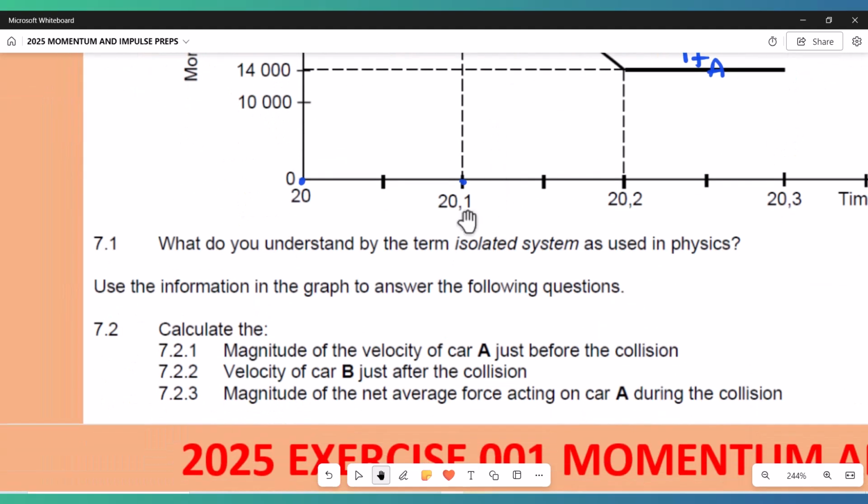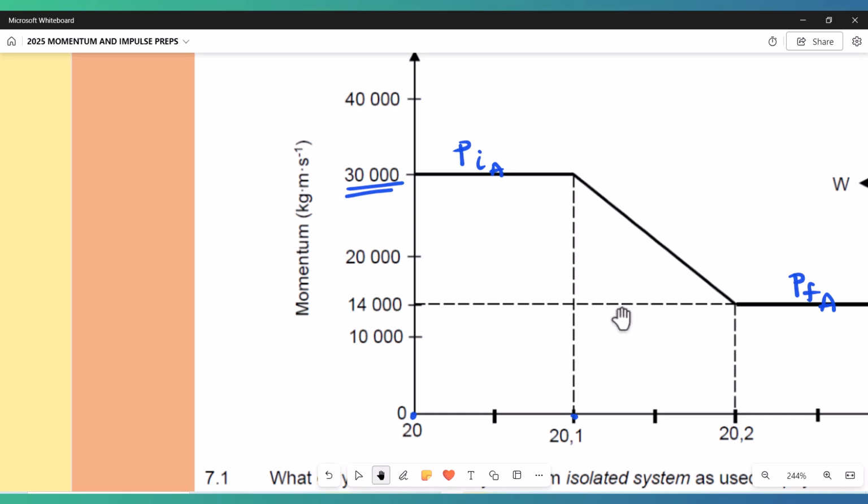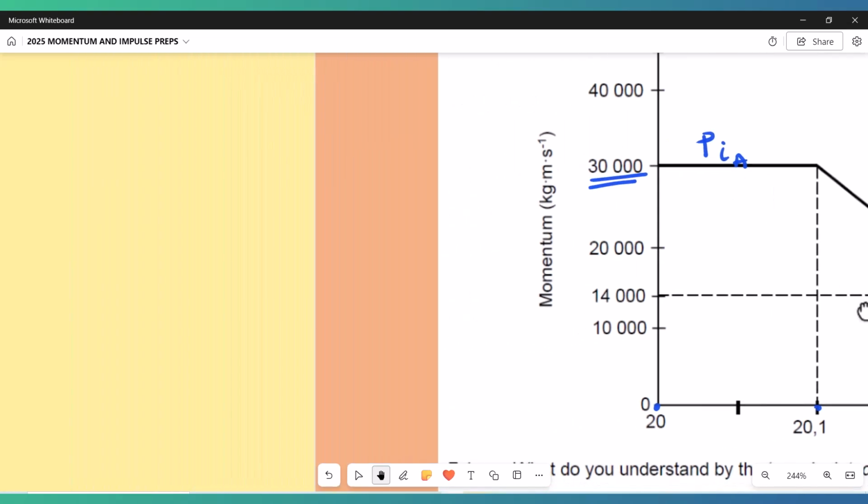Now they want the velocity of car A just before the collision. Because we have the initial momentum, we said from the start that momentum equals mass times velocity. So if we have the initial momentum, we can say it equals mass times v initial.